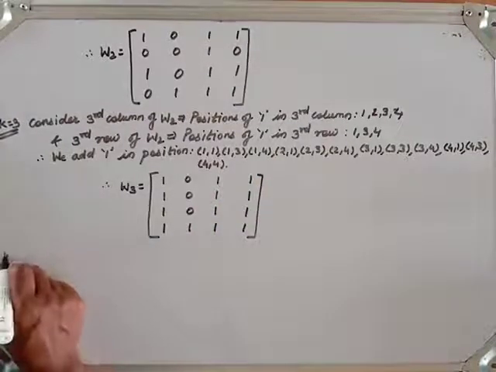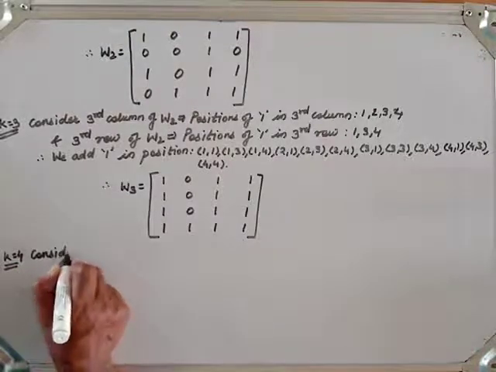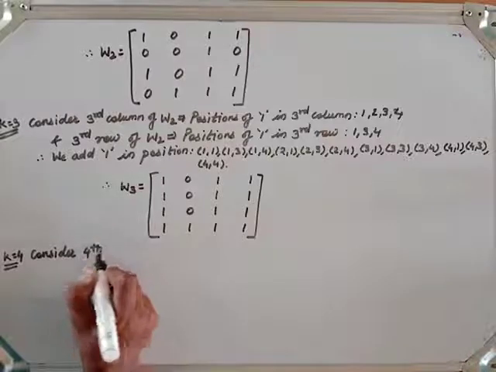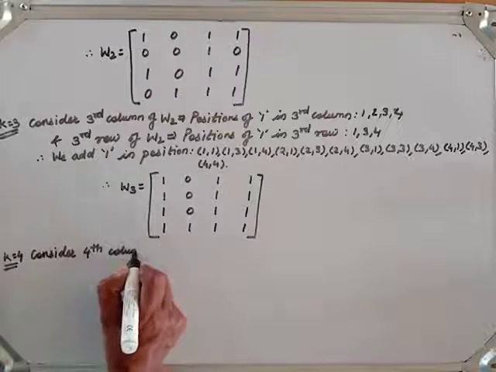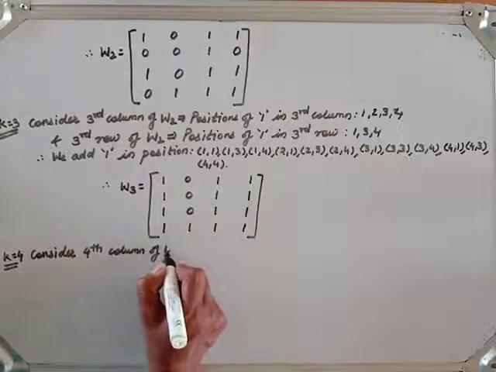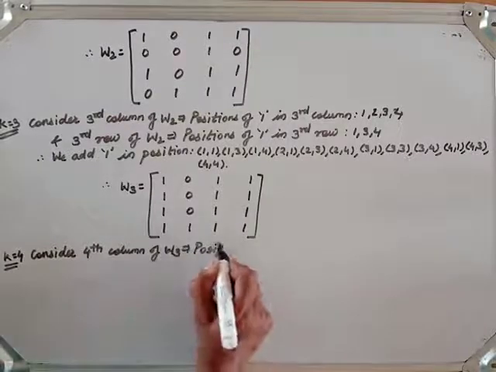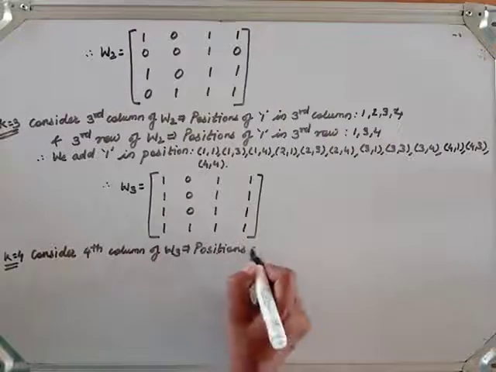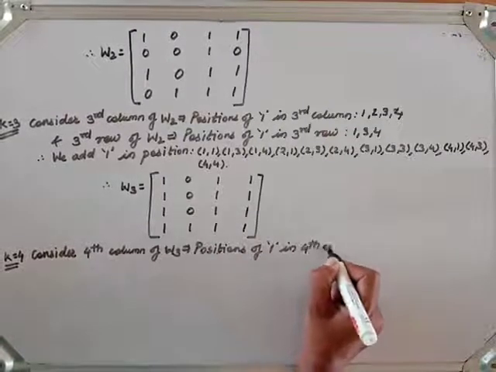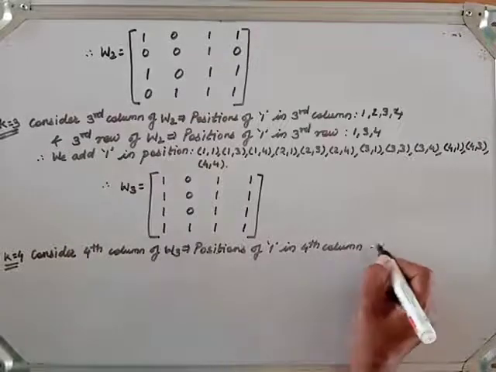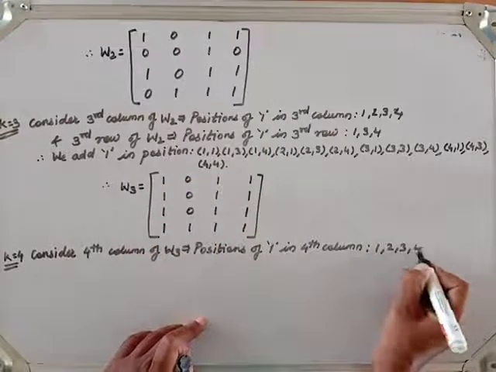Fine. Now k is equal to 4. Consider the fourth column of W3. Positions of 1 in the fourth column are everywhere: 1, 2, 3 and 4.